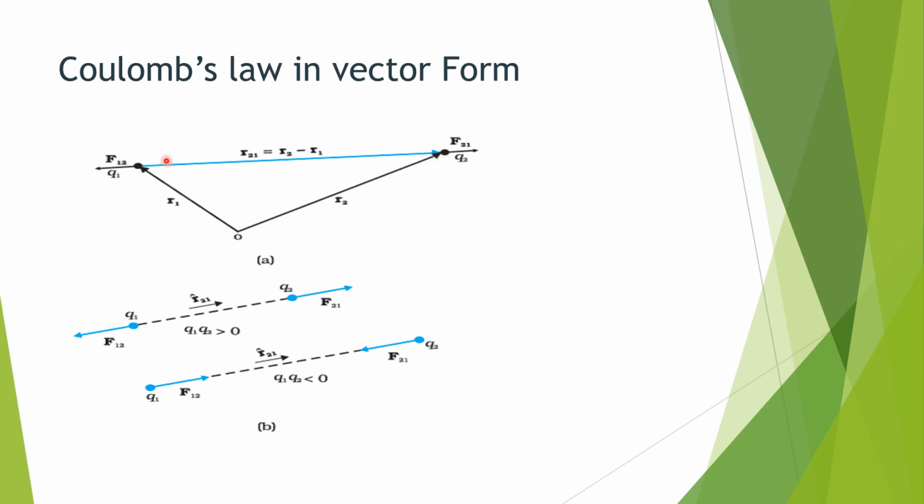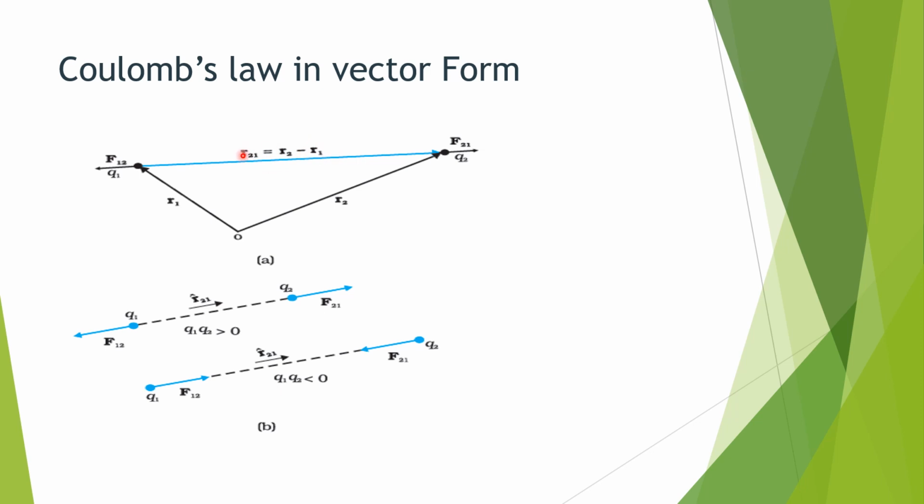Now we need to find out the resultant of r1 and r2. That will give you the distance between q1 and q2. So that is given by r21, which is equal to r2 minus r1. So the resultant of vectors r1 and r2 by triangular law of vector addition is given by r2 minus r1. This is r2, since they are in opposite direction, minus sign, r2 minus r1.